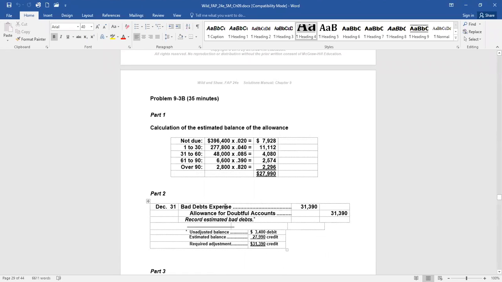So debit bad debt expense for $31,390 and credit the allowance for doubtful accounts. And if you sit and think about it, remember, last year we didn't estimate enough. So we're taking that incorrect estimating of $3,400 and just putting it in this year. And that's okay, you can do that. That's what essentially we're doing.